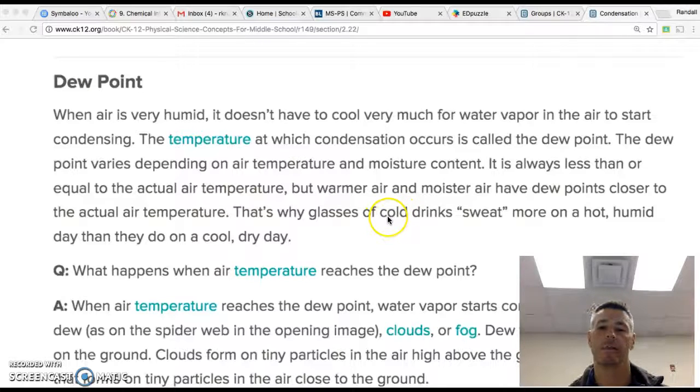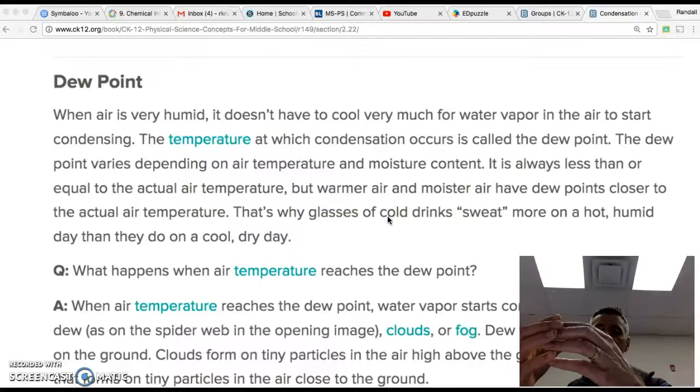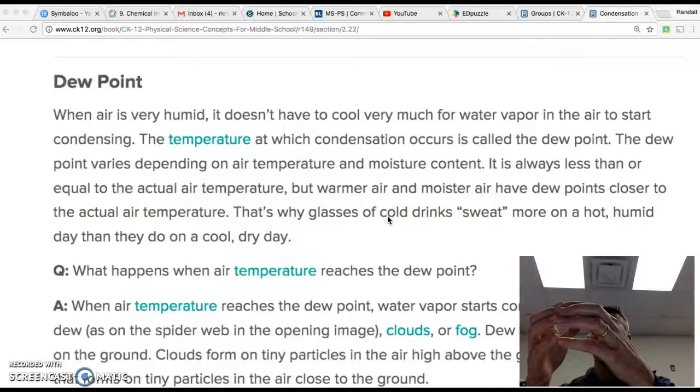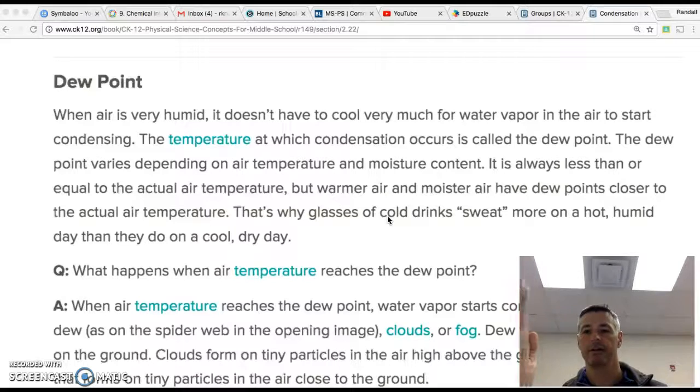If you put a glass down onto a table that has ice in it, and you leave it sit, especially in the summertime, on more hot and humid days, the glass will appear to sweat and drip down, and it leaves like a puddle on the table, and you'll say, well, who spilled the Mountain Dew? No, the glass has sweat. What happens is the surrounding air touches the cold glass. So if this was my glass, the gas particles touch up against the cold glass, and they turn into a liquid.